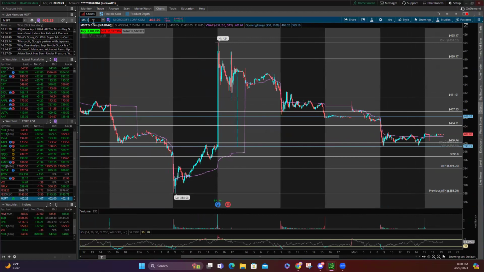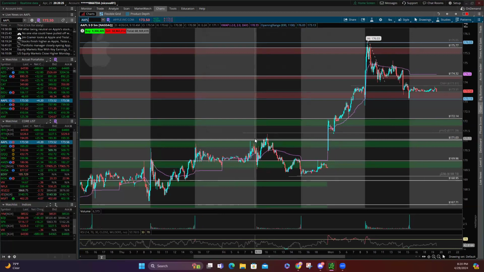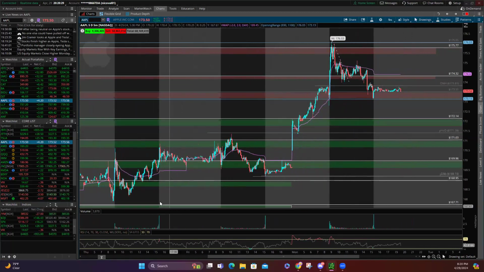So I'm going to jump to something a little bit more. Let's go to Apple. Let's see what we got in Apple. There's Apple with my levels and VWAP. Look how Apple is being below, up, in the 5 minutes. So we could have entered in any of these and gotten in or out, or just scalped it on the way.